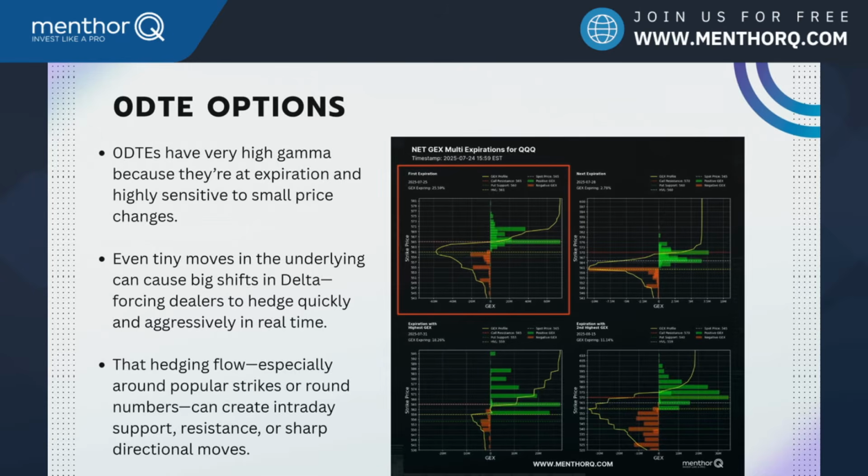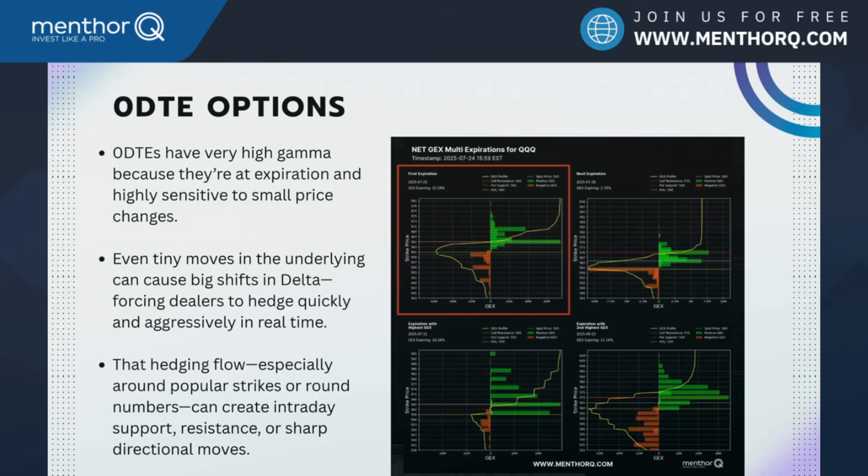So why is that? Because zero DTEs have a very high gamma. Because they are at expiration, they are highly sensitive to small price changes. So if anything happens during the day and we have a lot of zero DTE gamma expiring, even a tiny move in the underlying can really cause a big shift in delta. And this can force dealers to hedge aggressively in real time.